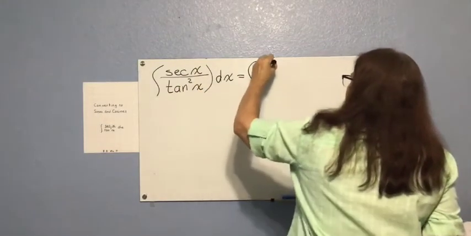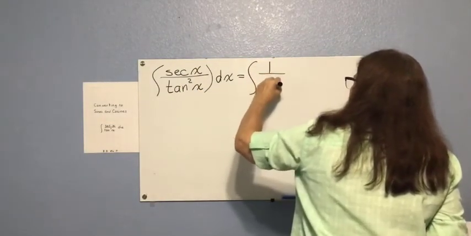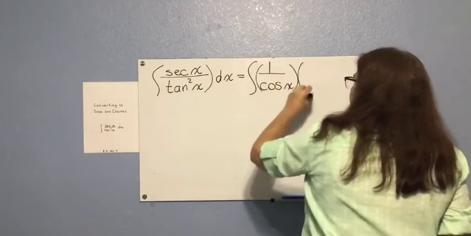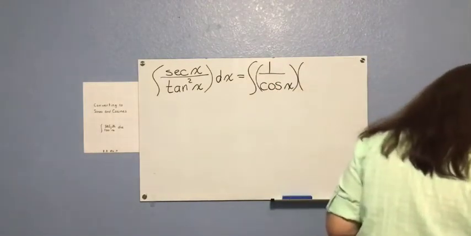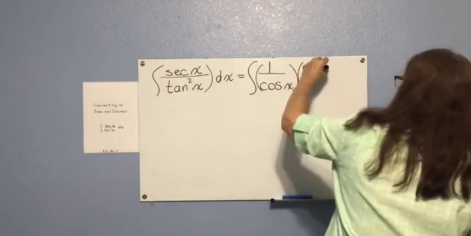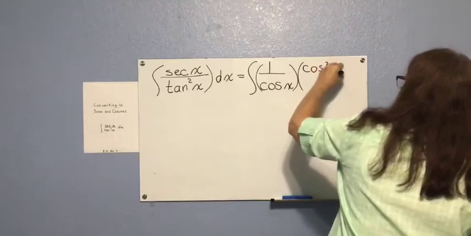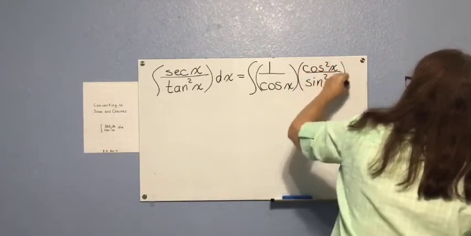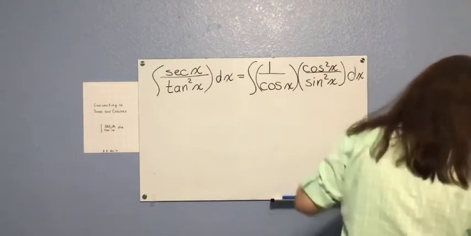I'm going to write secant as 1 over cosine x. And the tangent squared is in the denominator, so it's going to be cosine squared x over sine squared x dx.